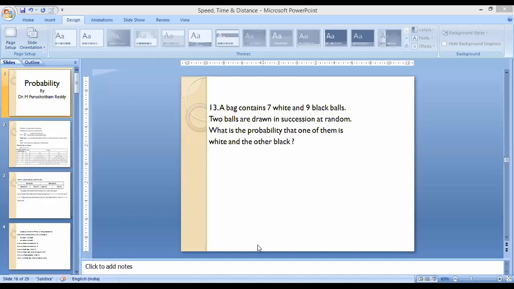Next, another important chapter is probability. Is it visible to everyone? No. Here you see, the dice is thrown.